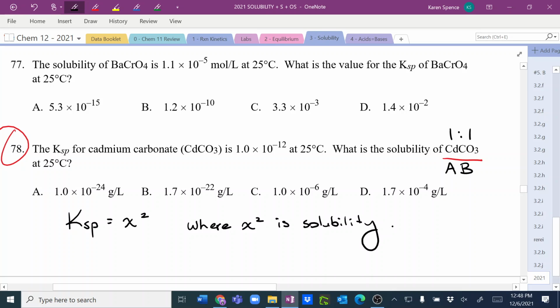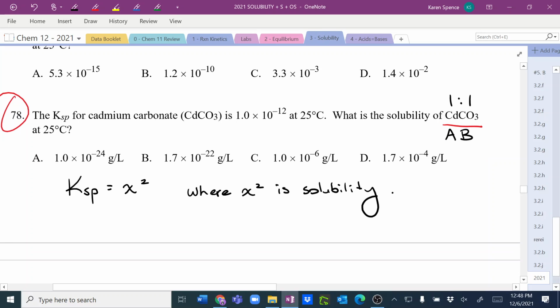And so if we want to know the solubility, x would be the square root of the KSP, which is 1.0 times 10 to the minus 12. And I don't think I'll do the math on that unless you want me to. Well, I'm here, might as well. The square root of 1e-12, and we get 1 times 10 to the negative 6.